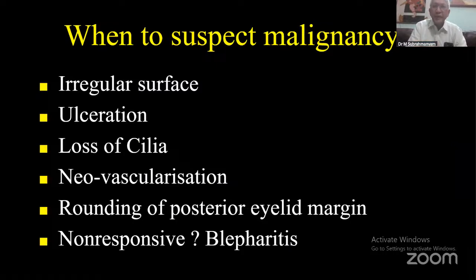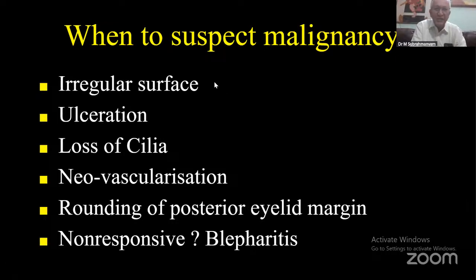When to suspect malignancy is the most important thing, because the treatment strategies depend on whether the tumor is benign or malignant. And you cannot afford to miss a malignancy.